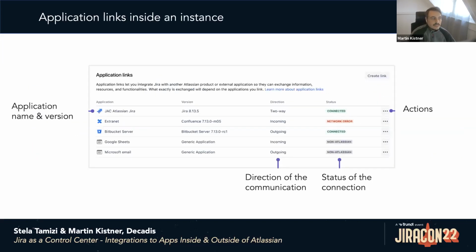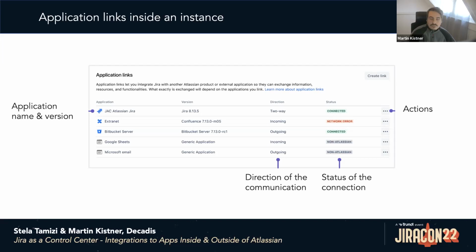What else you see in there is the collection of all the apps you have integrated within your Jira as a control center: the name, the version, and the direction of communication. Are you allowing two ways, or is it just a one-way connection? Is it connecting, or is it maybe an error, which we don't hope for? And you can further set up more details in this action menu, like configuring more advanced stuff.